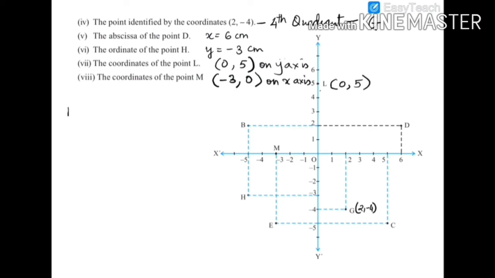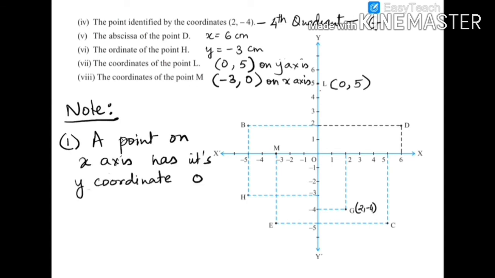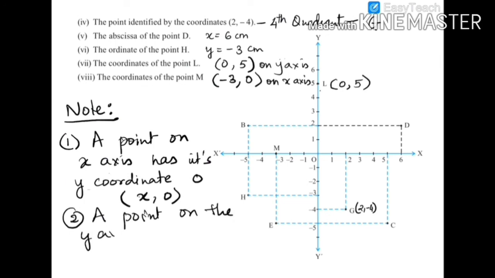So we can write a note saying that a point on the x-axis will have the format x, 0. A point that is on the y-axis will have the format 0, y.